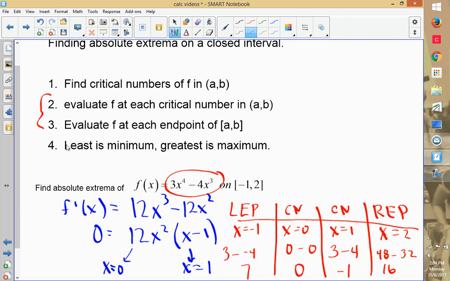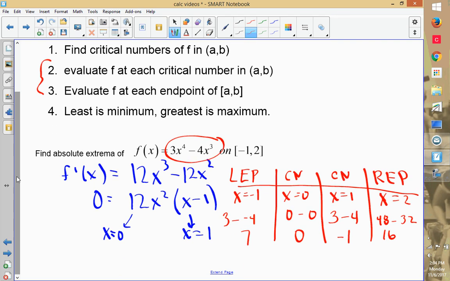So what I'm really focusing on, those are the y values. What I'm going to focus on are these 4 values that I just came up with. Well, -1 is the lowest, so that means that we have an absolute minimum at the point 1, -1.